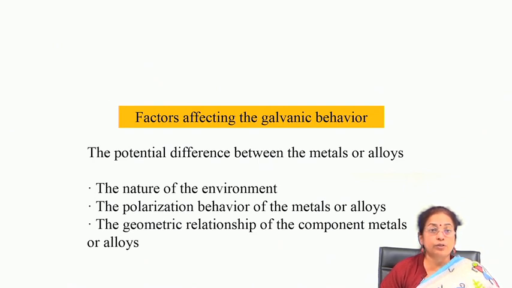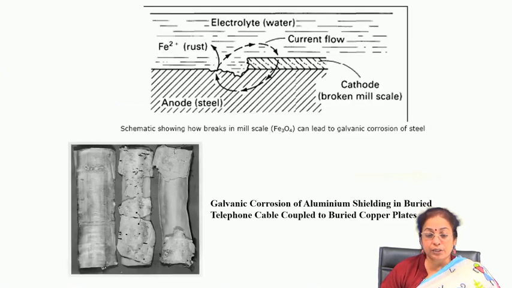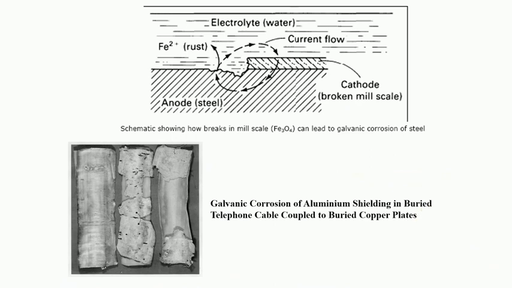So, the surface environment of the component couple also plays a very important role. Then polarization behavior of the metals and alloys, geometrical relationship of the component metals or alloys, and naturally temperature differences, stress differences and microstructures, all play important roles in determining the galvanic corrosion behavior of the material combinations.